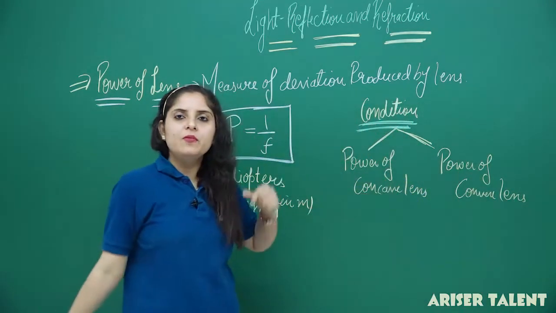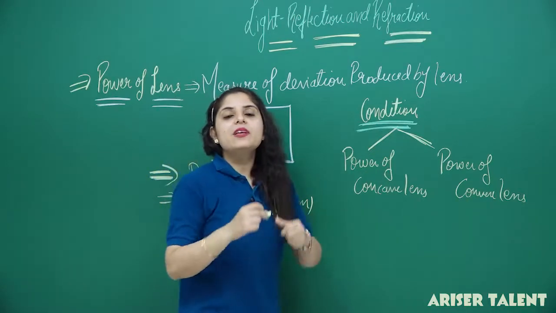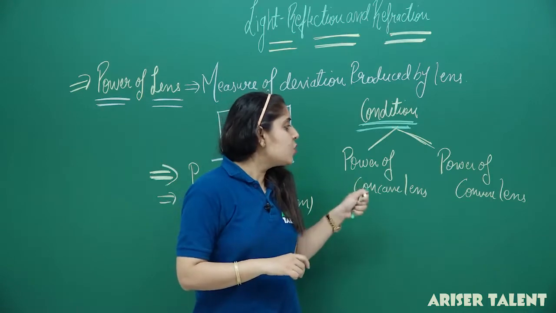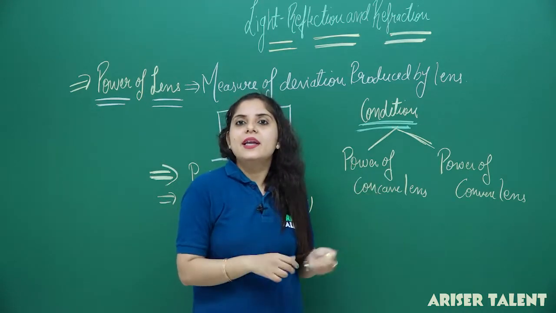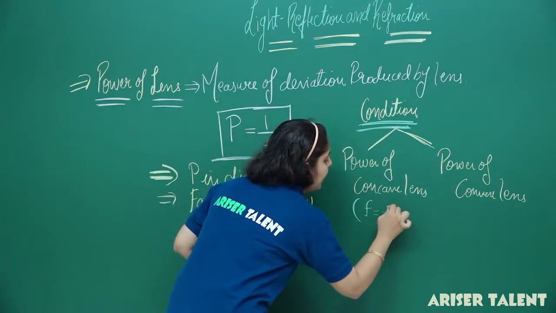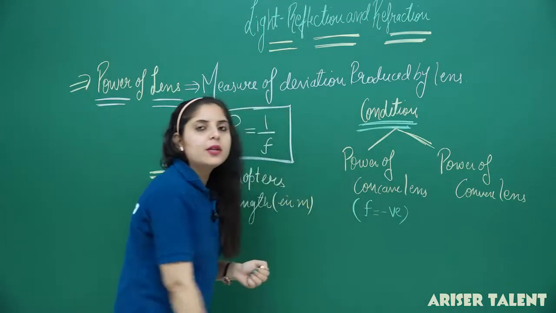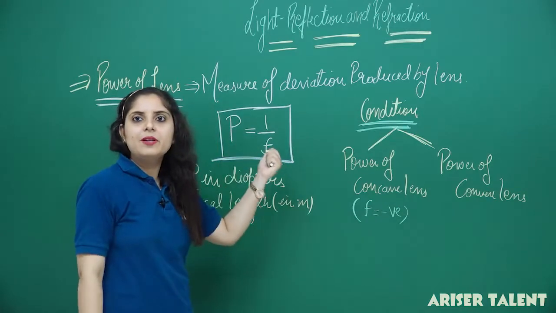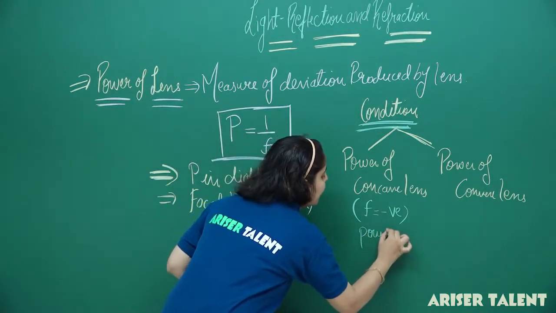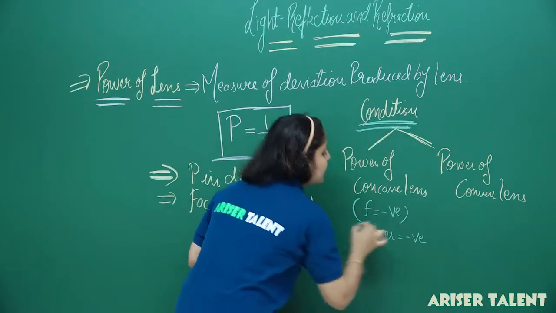So, we have two types of lenses, and previously we discussed that the focal length in case of a concave lens is negative. If f is negative for the concave lens, you can see that the power will be negative. So, power comes out to be negative in case of concave lenses.